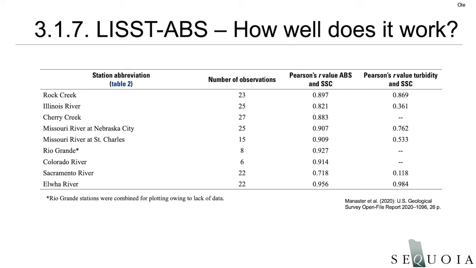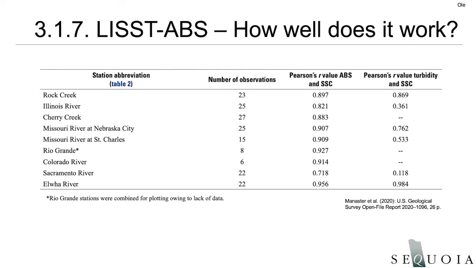And you can see turbidity is varying. The correlation coefficient for the turbidity sensor and suspended sediment concentration varies between 0.1 and 0.9. So there's a lot more variation in the correlation coefficient between turbidity and suspended sediment than between the ABS and suspended sediment, which is generally higher and better.